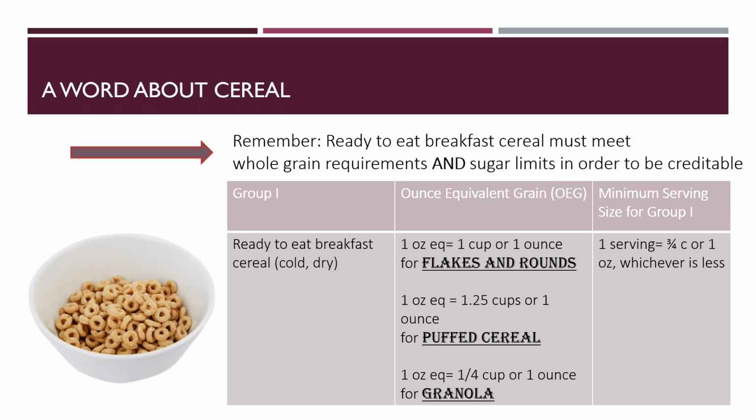Cereal must meet whole grain requirements and sugar limits in order to be creditable. Also noteworthy, the type of cereal. Notice in the middle column, flakes and rounds, puff cereal, and granola all have different volume requirements when it comes to determining ounce equivalent grains.